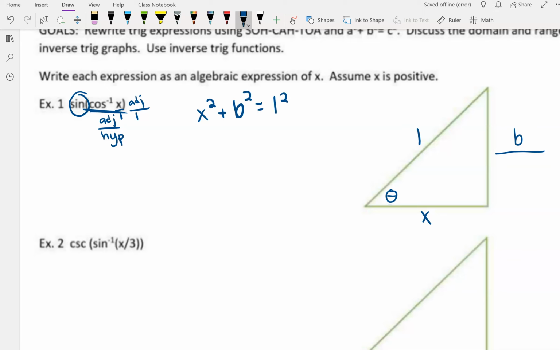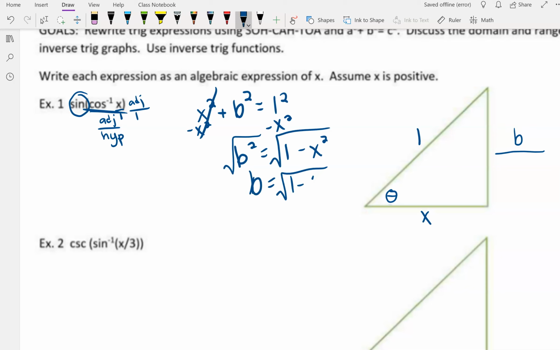Then I'm going to solve for b. Subtract x squared: b squared equals 1 minus x squared, because 1 squared is just 1. And then the final step is to square root both sides. So b equals square root of 1 minus x squared.